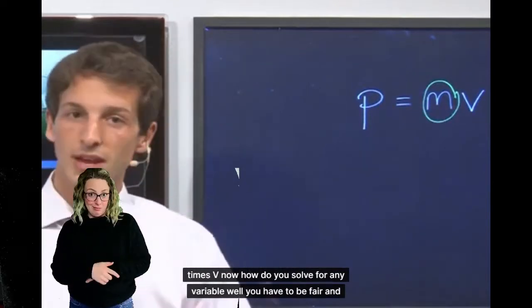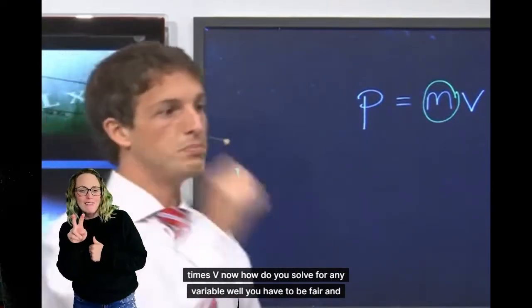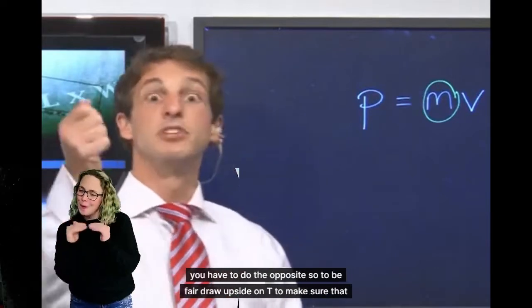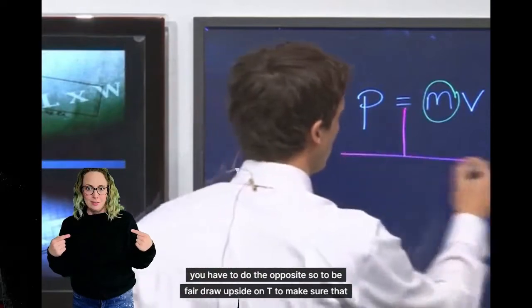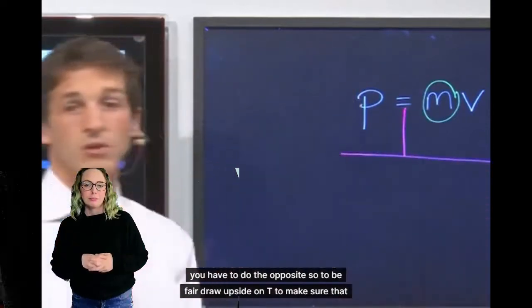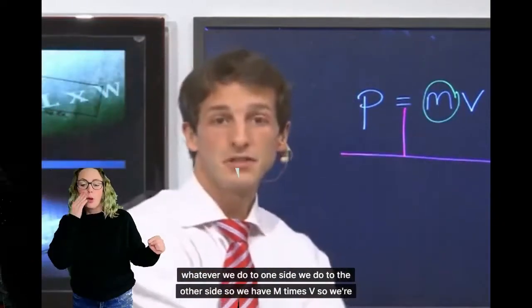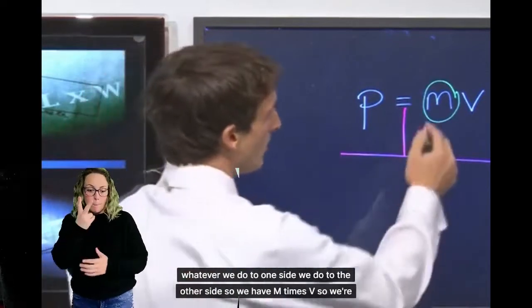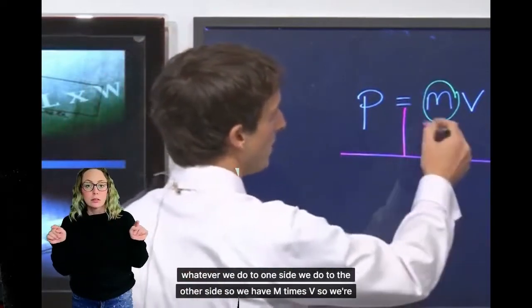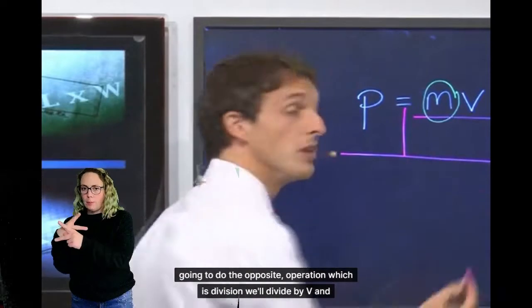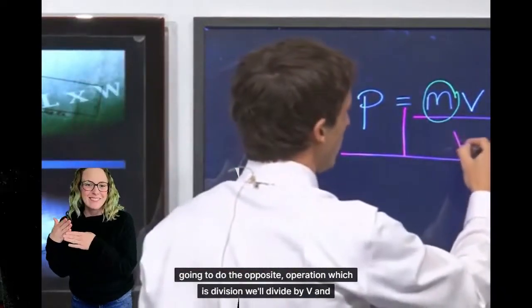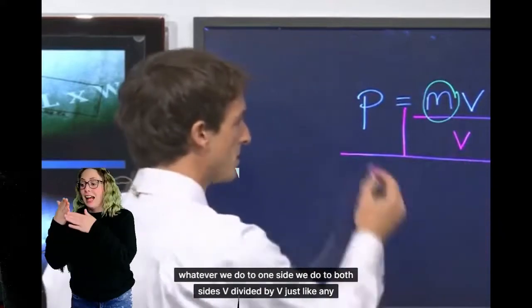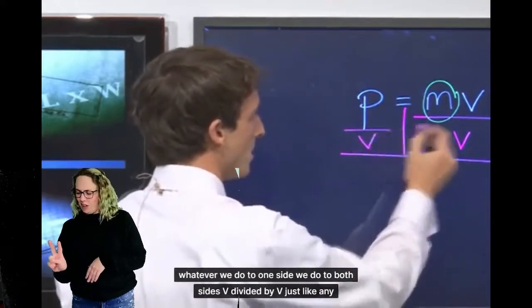Now, how do you solve for any variable? Well, you have to be fair, and you have to do the opposite. So to be fair, draw an upside down T to make sure that whatever we do to one side, we do to the other side. So we have M times V. So we're going to do the opposite operation, which is division. And we'll divide by V, and whatever we do to one side, we do to both sides.